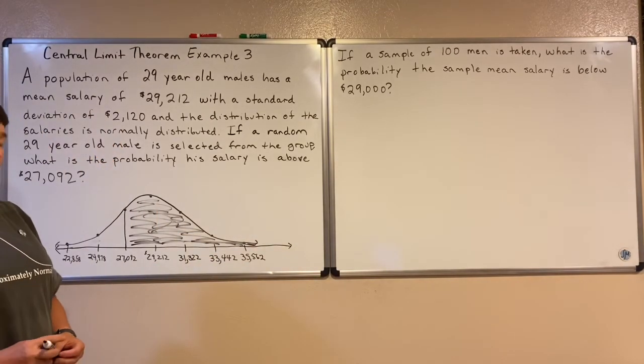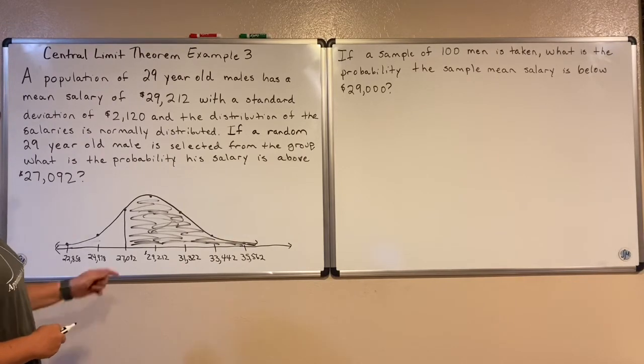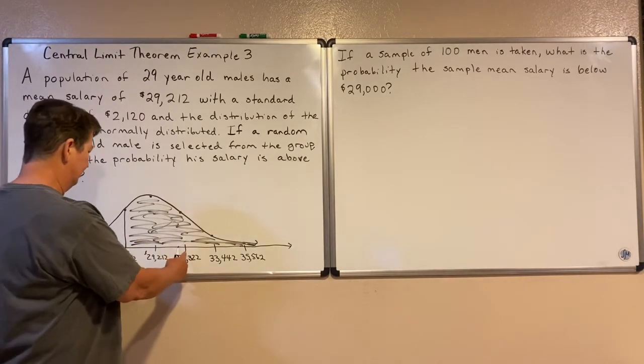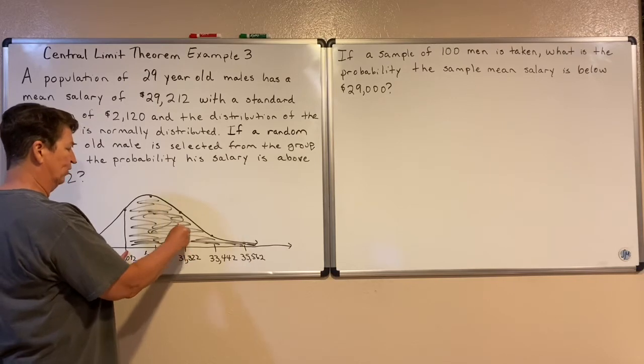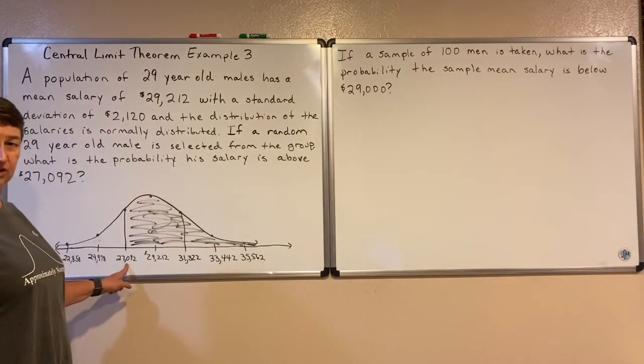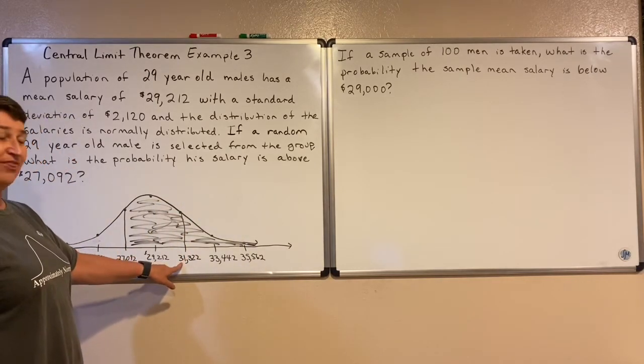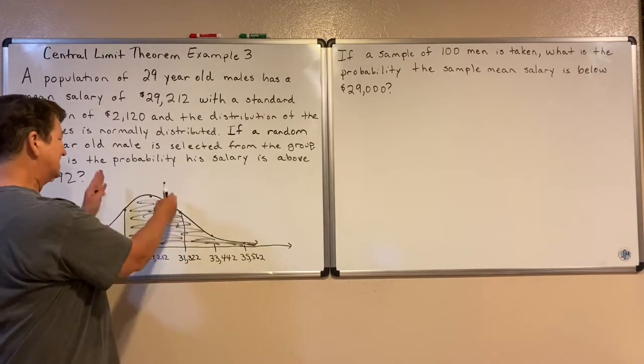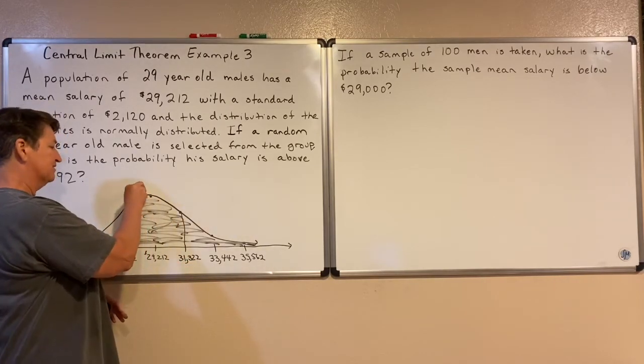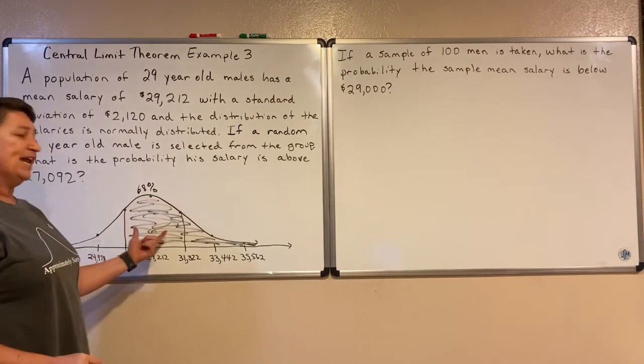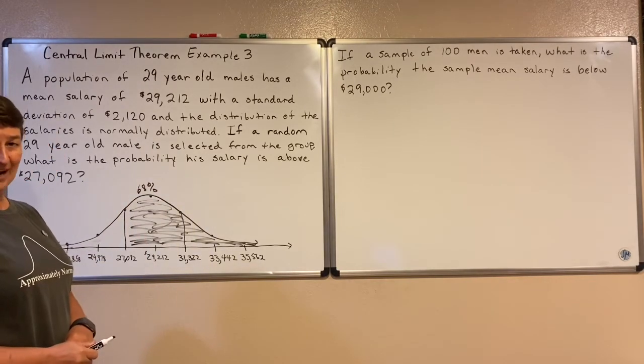And we know, because of the empirical rule, that if we go out one standard deviation from the mean, between 27,092 and 31,322, 68% of our data falls within that range.